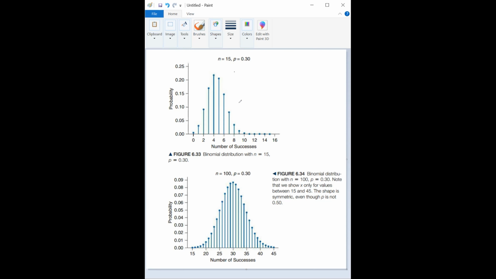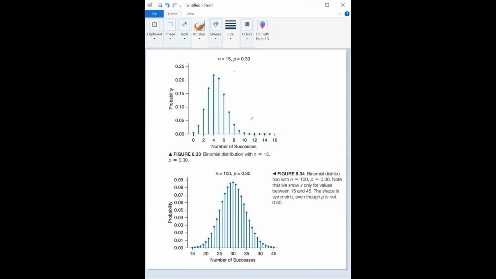The thing that's interesting about this shape is that it's not symmetric. That's a fascinating characteristic: if you have a relatively small number of trials, like 15 trials, and you have a skewed probability, 30% or 70%, something other than 50%, then you can end up having a skewed distribution like this, where one side is more likely than the other.